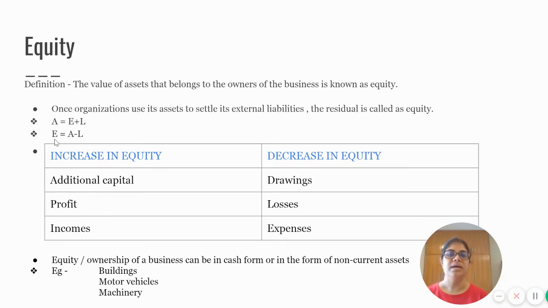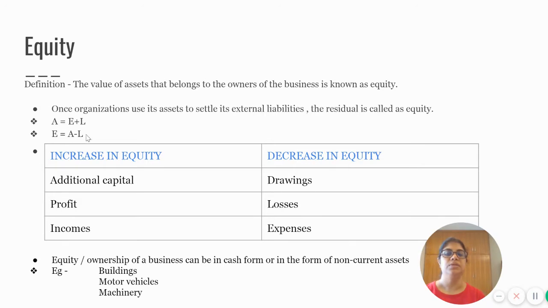Once these external liabilities are settled by the business, we can build a mathematical relationship like this, and our new equation will be equity equals assets minus liabilities. Once you take away the external liabilities from the total assets available in a business, the remainder will be known as the equity.